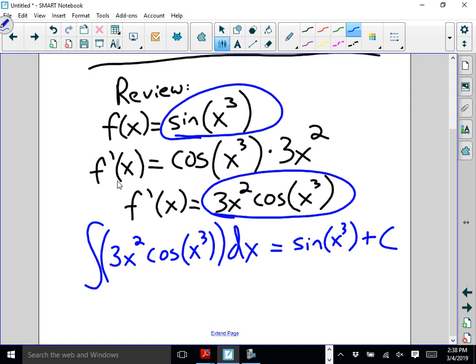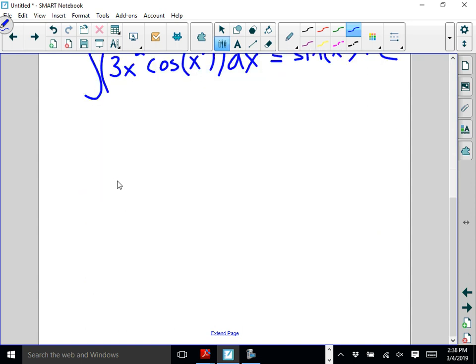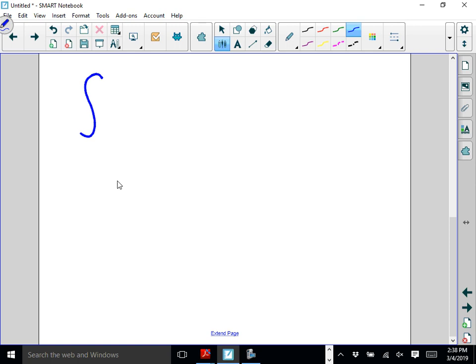Okay, so let's take a look at this problem. Because what we don't want to do is have integrals like this where we just have to guess a bunch of stuff and waste a bunch of time. We want a method that's going to be quick and easy and will get us to the correct answer.